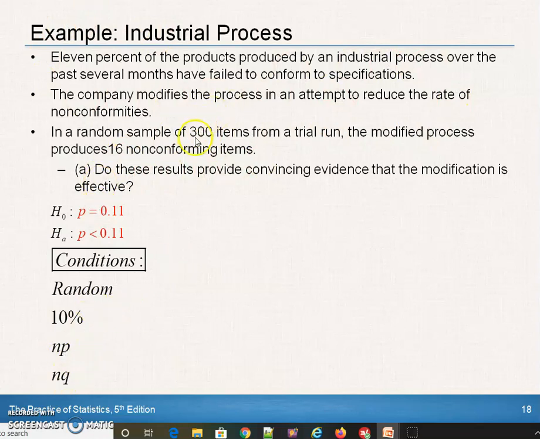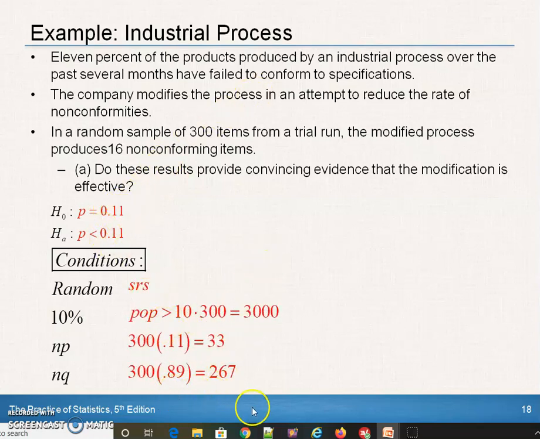N times P: remember, N is 300, P is 0.11, so 300 times 0.11 is 33. And N times Q is 0.89 times 300, which is 267. Both of those are greater than or equal to 10. So it looks like everything works here. It is a simple random sample.